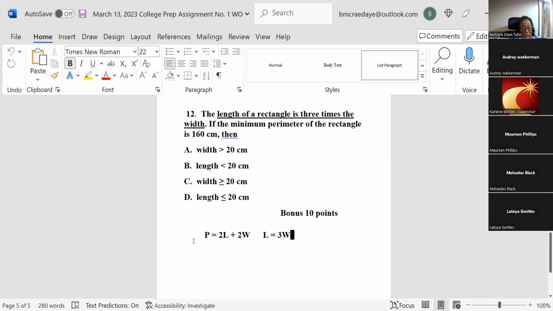So that means you could put what? 2 times 3W here. For the L, we want to put 3W, right? So that would be 2 times 3W. Right? So what's 2 times 3W plus 2W?